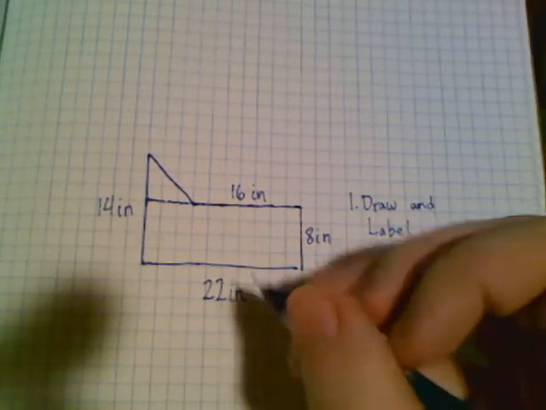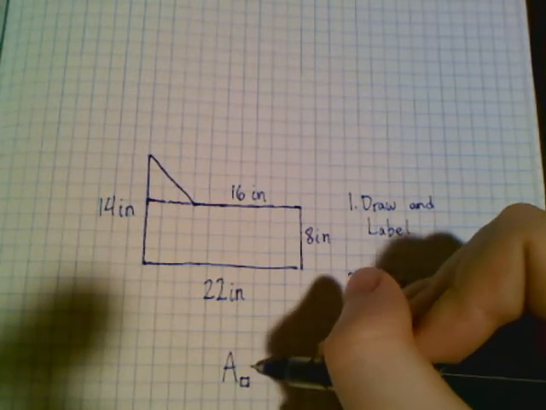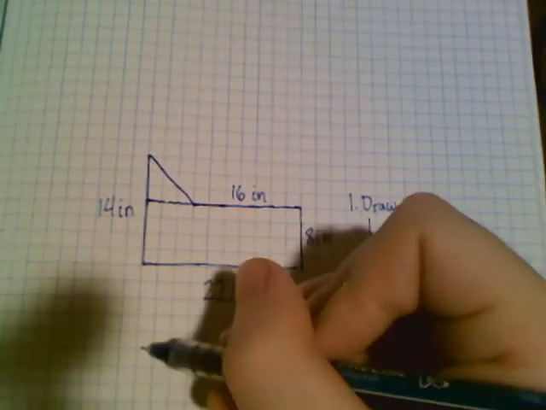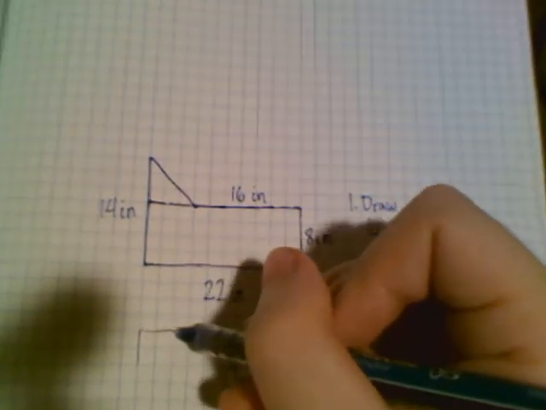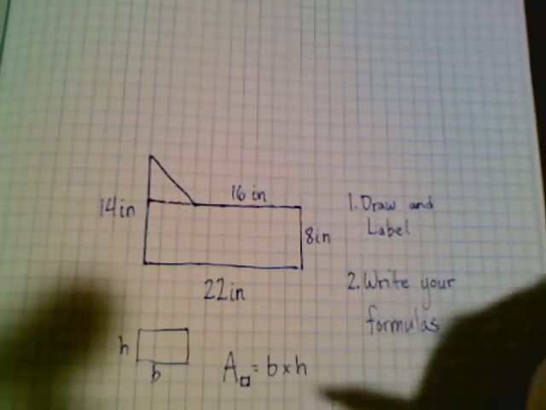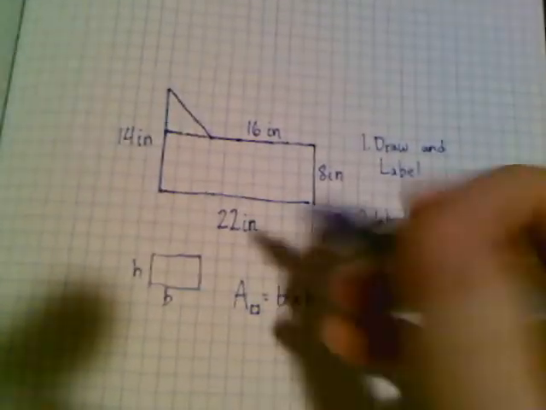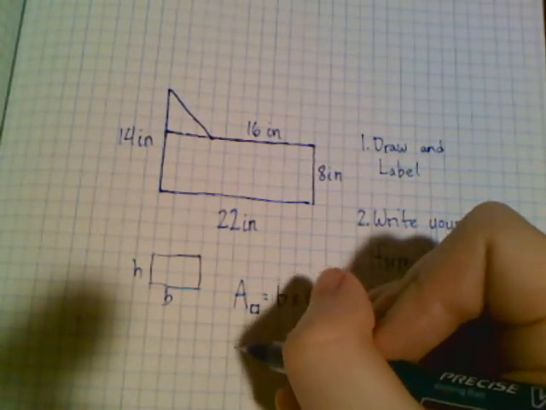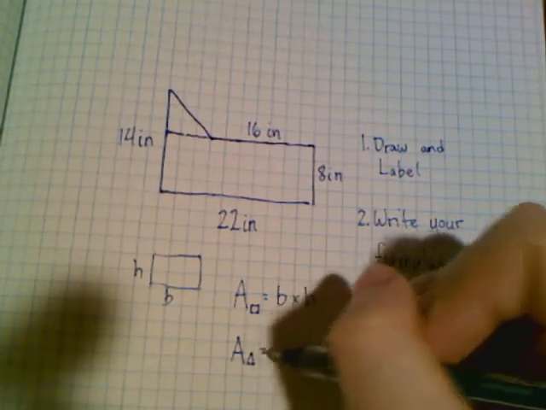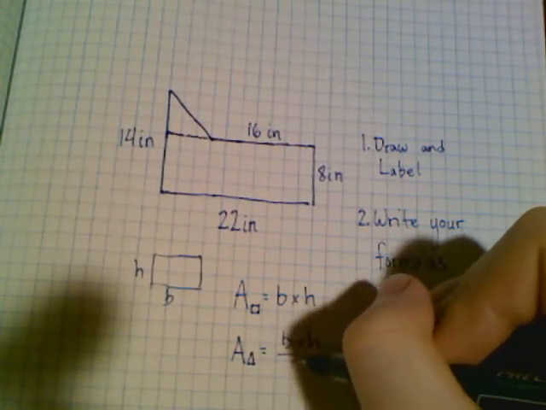Here, my formula for a rectangle is area equals base times height, where maybe this is my base and that's my height. And then my area for a triangle is base times height divided by 2.